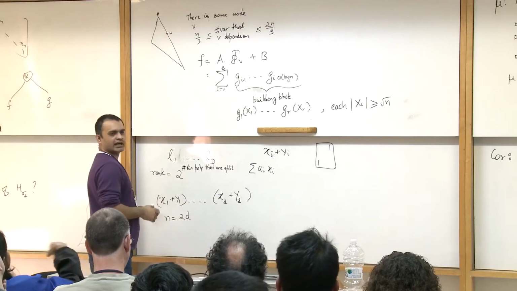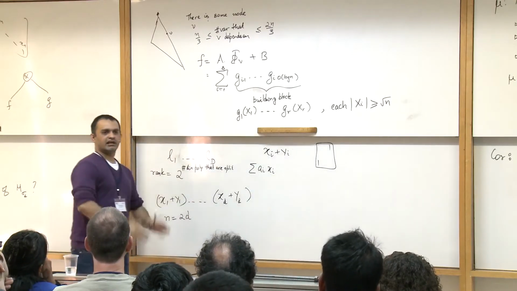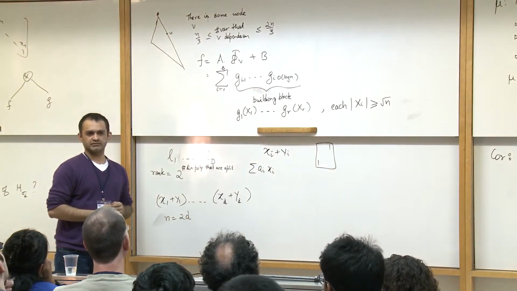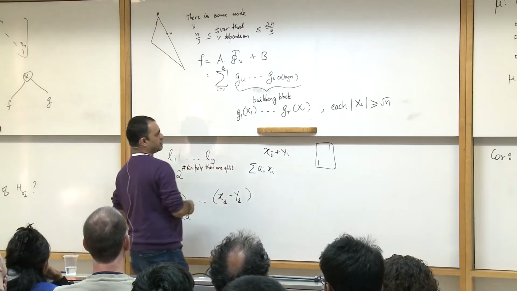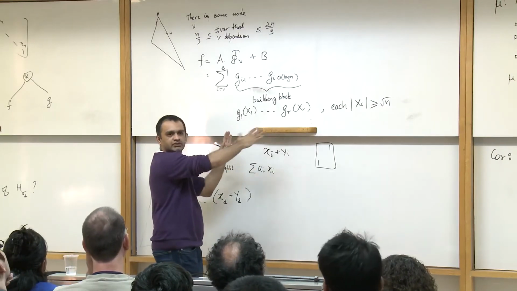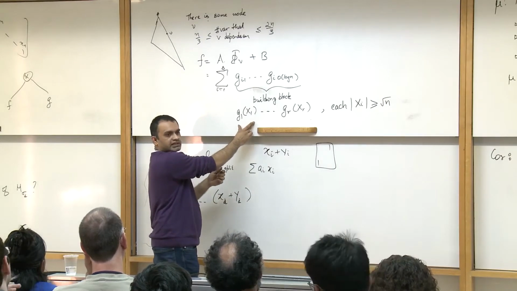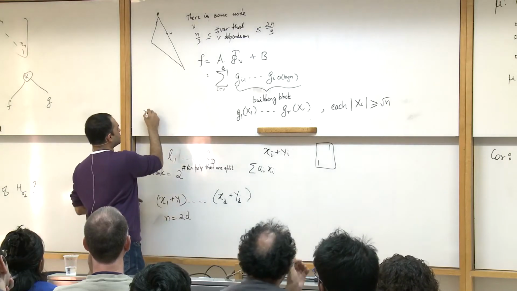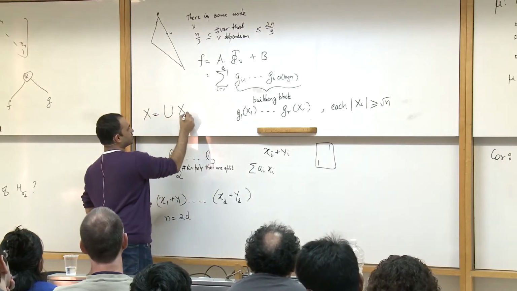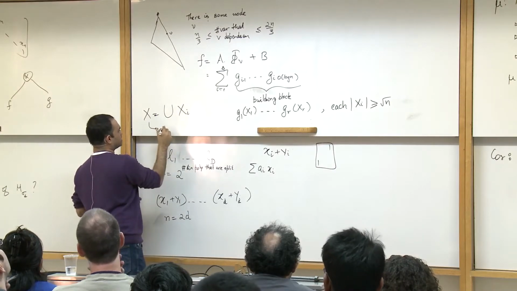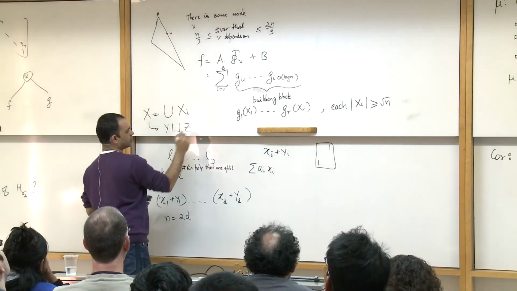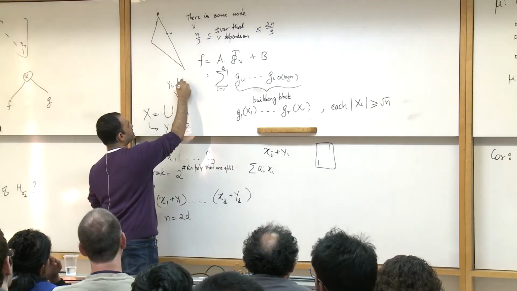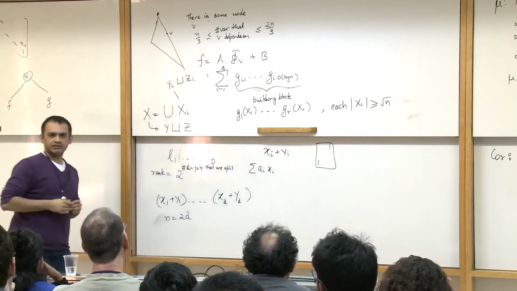Now here's the thing. I want to look at a term of this sort and take a random partition and then figure out what I expect the rank of these g_i's to be. I know nothing about the g_i's right now because these g_i's could be arbitrary. So for all I know, when I take a random partition, the rank of g_i could be full. But if x is the union of these x_i's, and I split x into a balanced partition of y union z, now each x_i will split as some y_i union z_i.